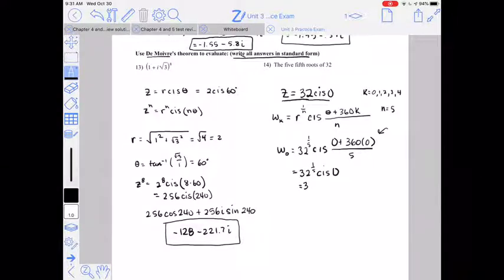So this is 32 to the 1/5, which is 2. And this is cosine 0 plus i sine 0. Sine 0 is 0. Cosine 0 is 1. So we get 2.